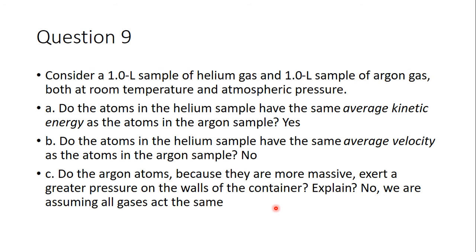So no matter what gas you have, you will exert the same pressure if you have the same amount of moles, same volume and same temperature. Argon, helium, whatever. So we're assuming all gas acts the same, so everything exerts the same pressure on the walls.